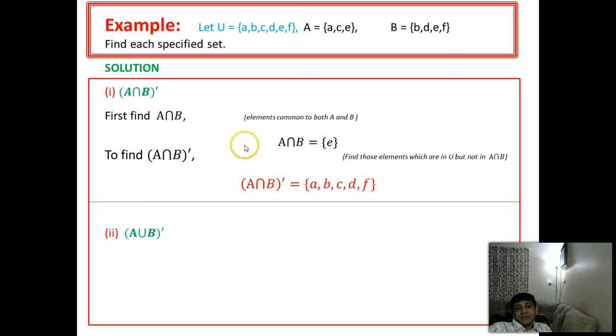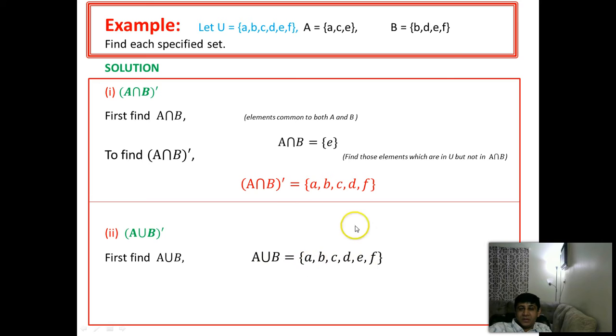Next, let's find A union of B and then the complement of that. Again, we will work in steps. Let's first find A union of B. A union of B combines all the elements of A and B, and we get this set here without repeating elements. Now we want to find the complement of this. What does it mean?